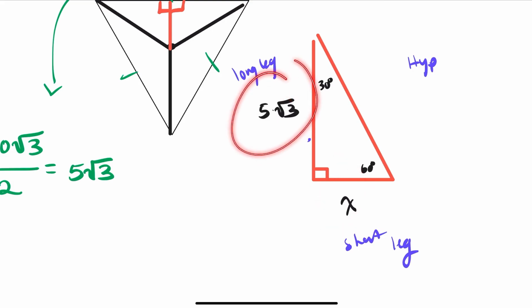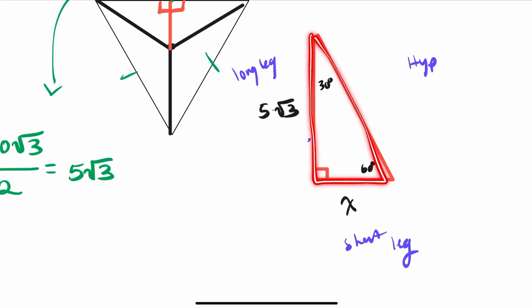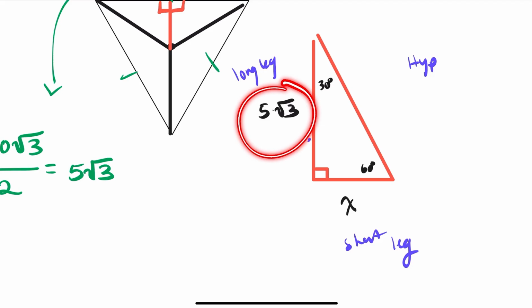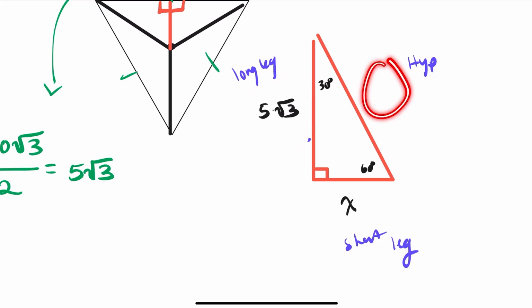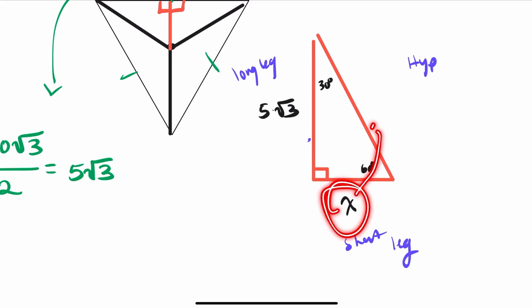So far we just have height, but because we know this is a 30-60-90, I can use the ratio from earlier. So I know that this has a value of 1, this has a value of 1 times root 3, and this has a value of my short leg times 2.